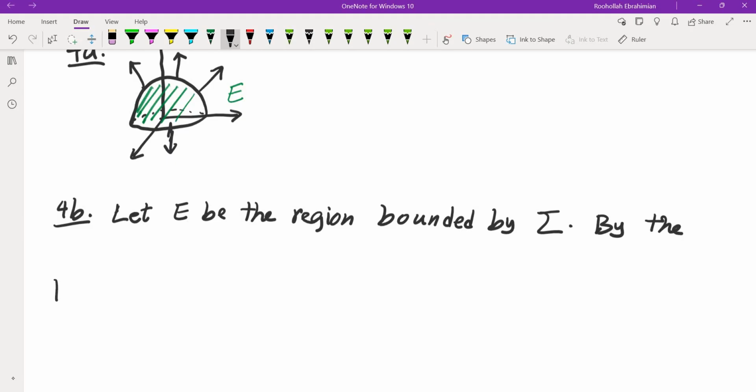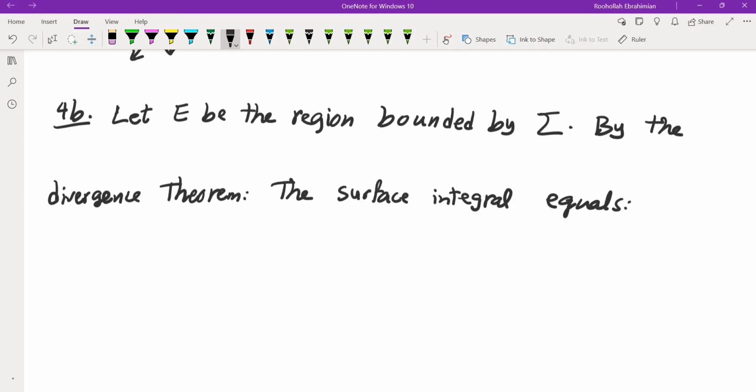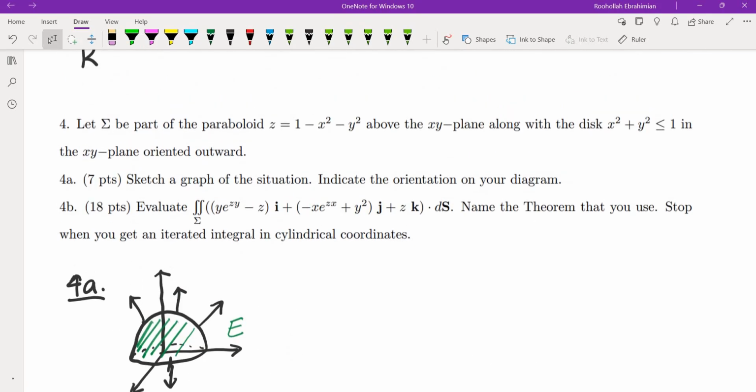By the divergence theorem, the given surface integral equals, so first I'll have to make sure that the orientation matches the orientation in the divergence theorem, and it does.